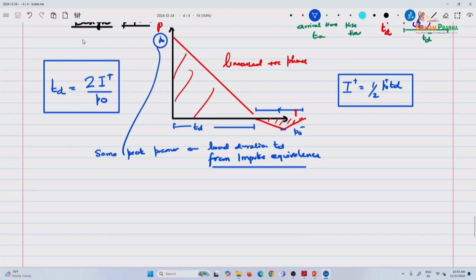This graph, we are making this straight line because the TD is very small. So my question is, what would be the maximum value of TD for which we cannot do this kind of approximation? I do not know if I have a number value for you. It depends on the peak pressure too.